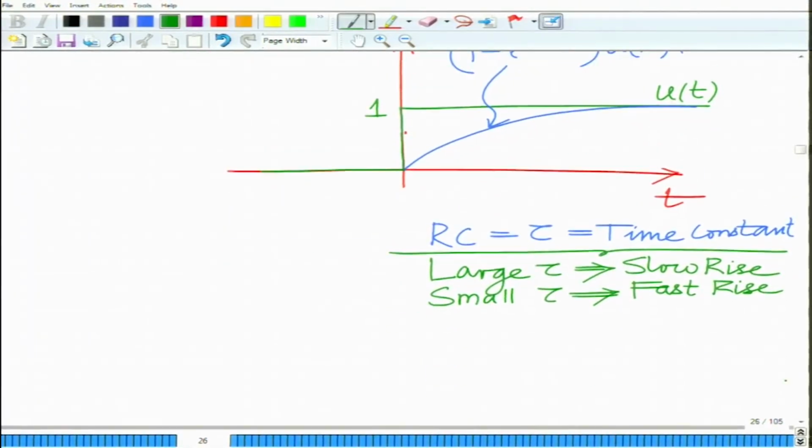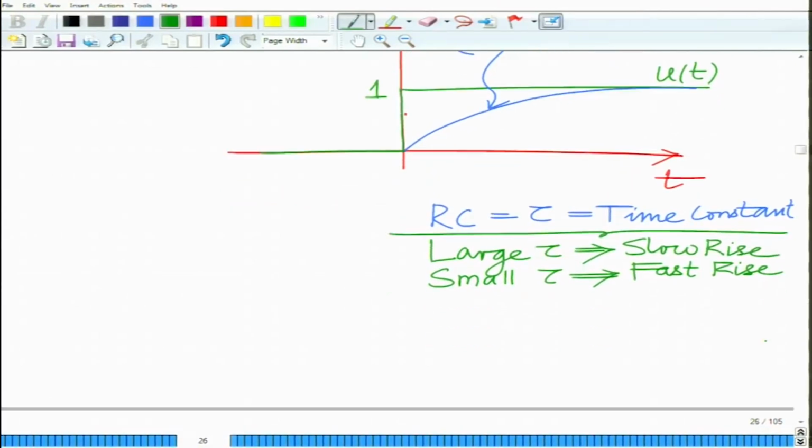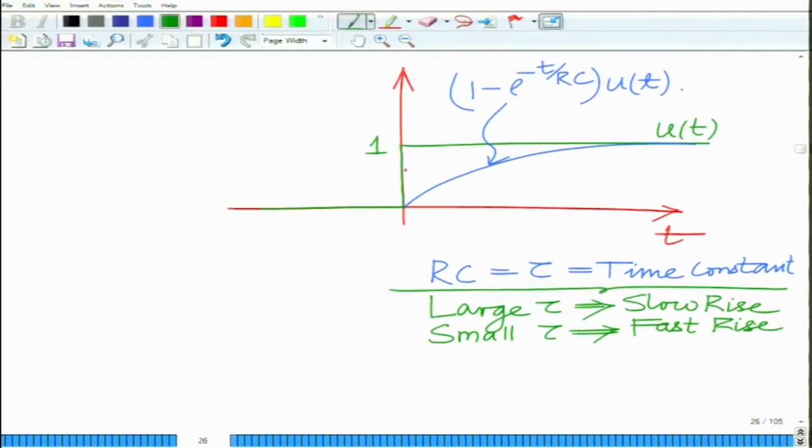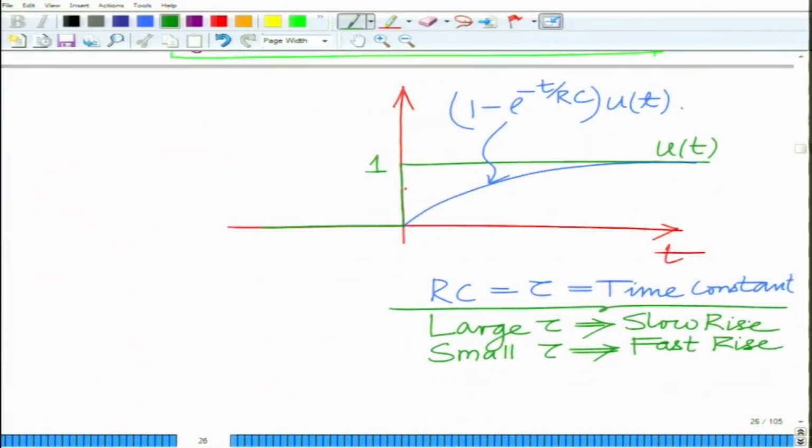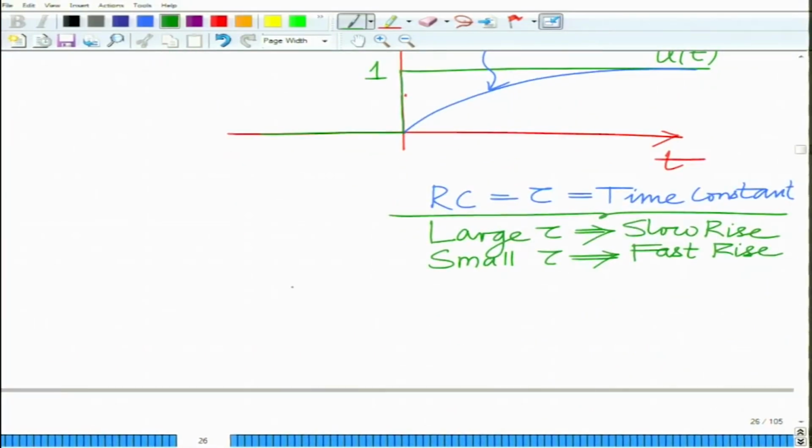All right. So, now what we want to find is the rise time and its relation to the 3 dB frequency, and we will do this in the next module.